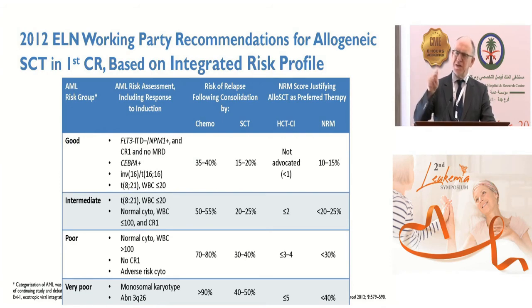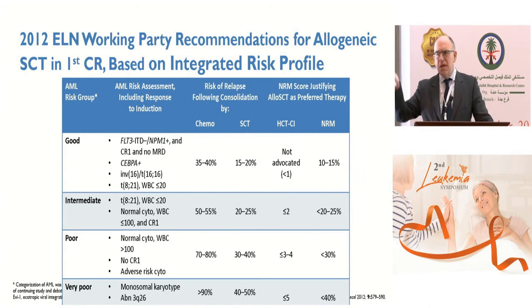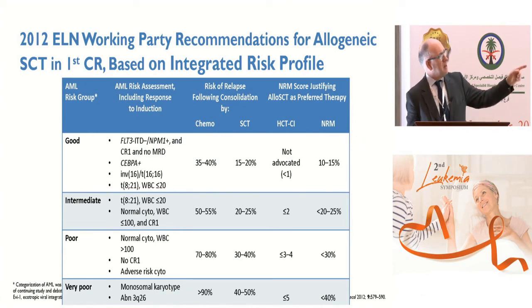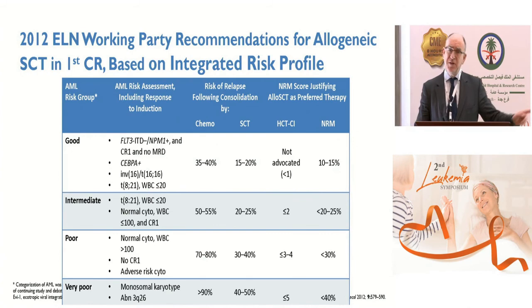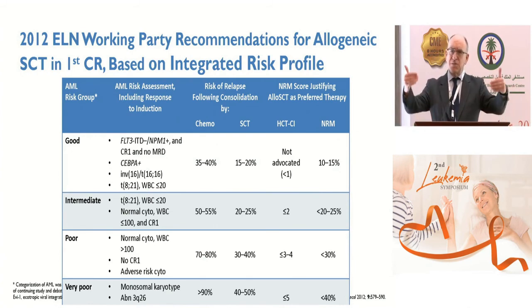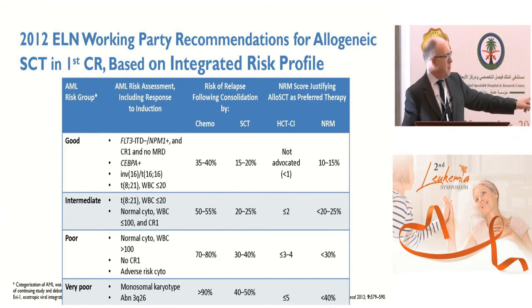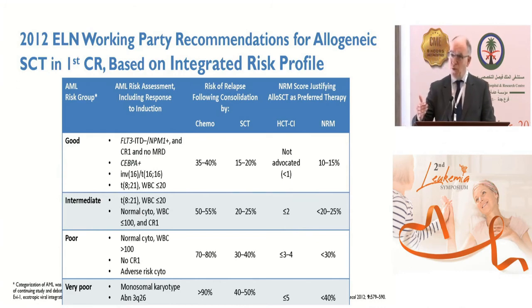So that's a 20% reduction in relapse, and therefore a 20% reduction in death, we believe, because most people who relapse will go on to die. If you've got a transplant procedure that has a risk of 15 or 20%, it's really difficult to advocate a transplant in CR1.